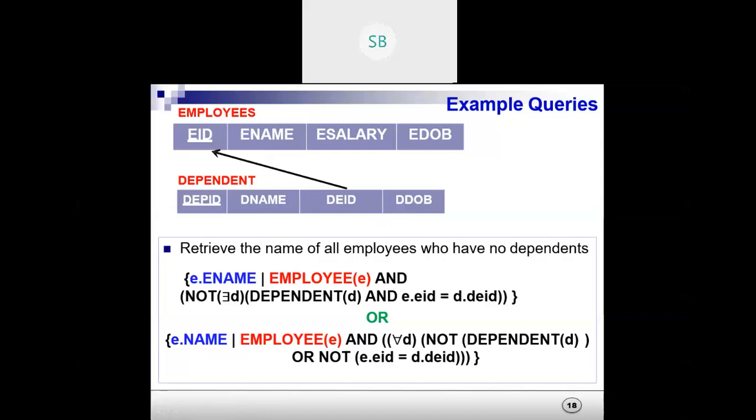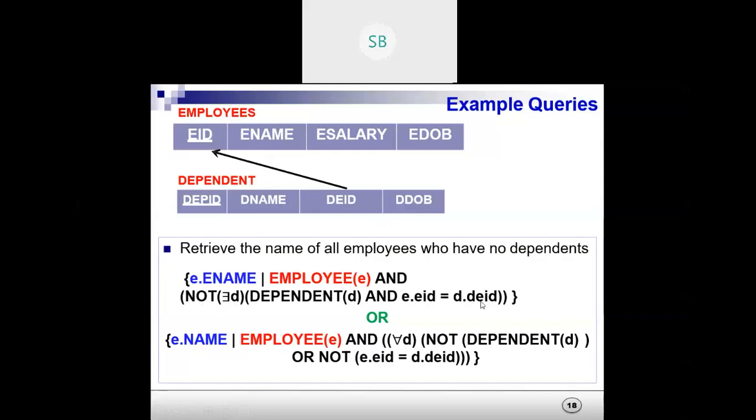So in that case, what will our query look like? The person who has no dependents. You can do it in either of two ways. You are retrieving only the name. So E dot name from employees, and not there exists D, D dependent of D, and E dot EID equal to D dot DID.